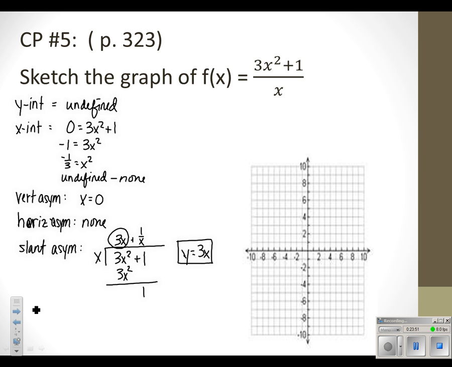All right, so let's do the graphing of what we've got. We did not have a y-intercept. We did not have an x-intercept. We have a vertical asymptote of x equals 0. So we have an asymptote line coming right down the y-axis this time. We also found a slant asymptote. So let's go ahead and graph the line y equals 3x.